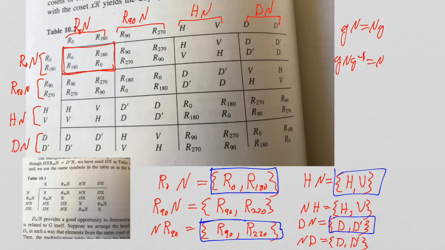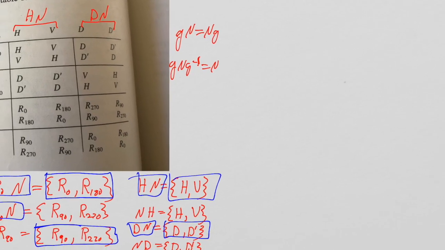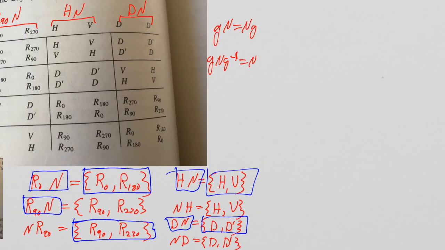I'll call them R0N, R90N, HN, and VN. And I'm going to create the set of those cosets.